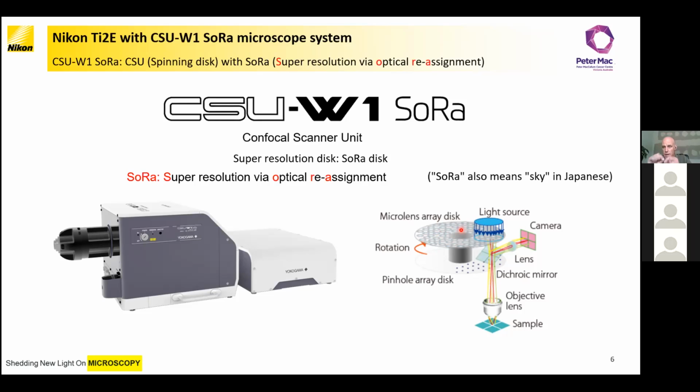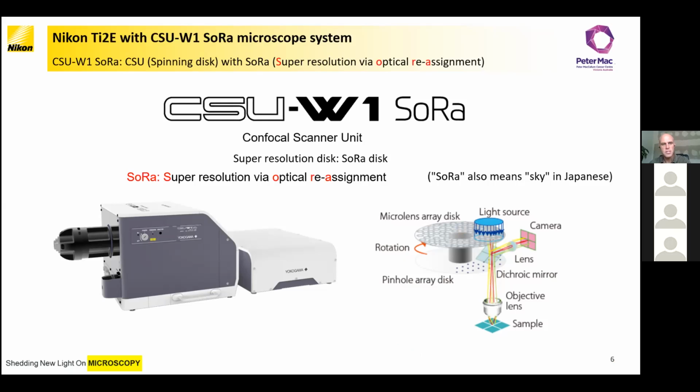Because you're using these micro beams of light, the light budget hitting the sample is incredibly low, and so it significantly reduces photo bleaching of samples. So it's really useful in that sense for imaging live samples. We'll talk about that a little bit more.